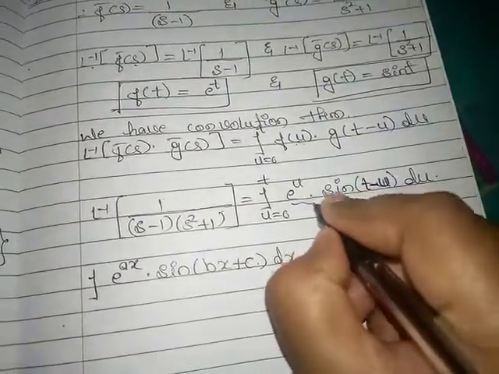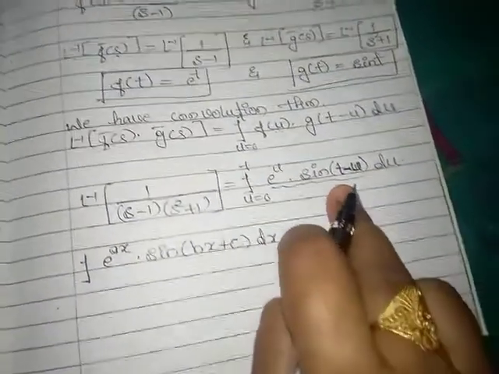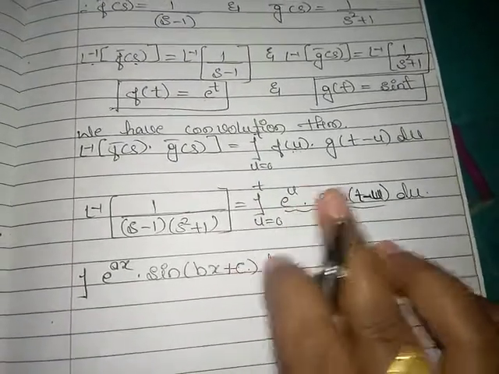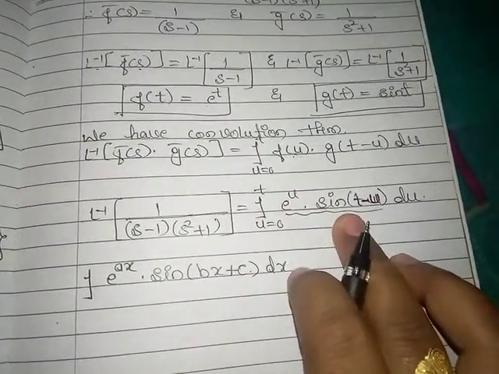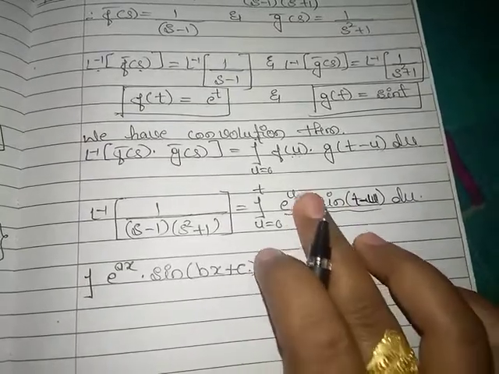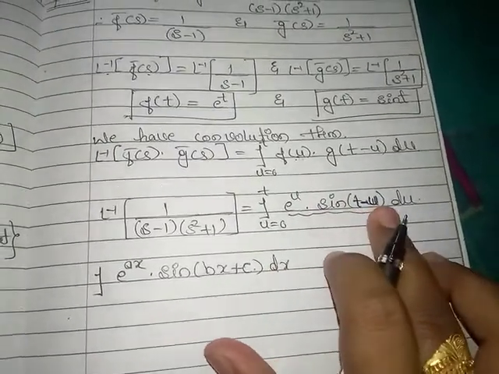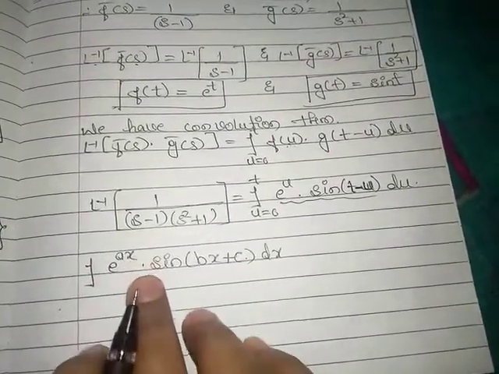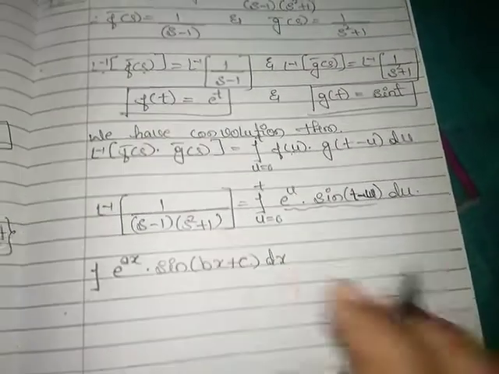We don't know any direct result to find the integration of these two terms in product, e raised to u into sin of t minus u. Here we have to use the result for integration of e raised to ax into sin of (bx plus c) dx.